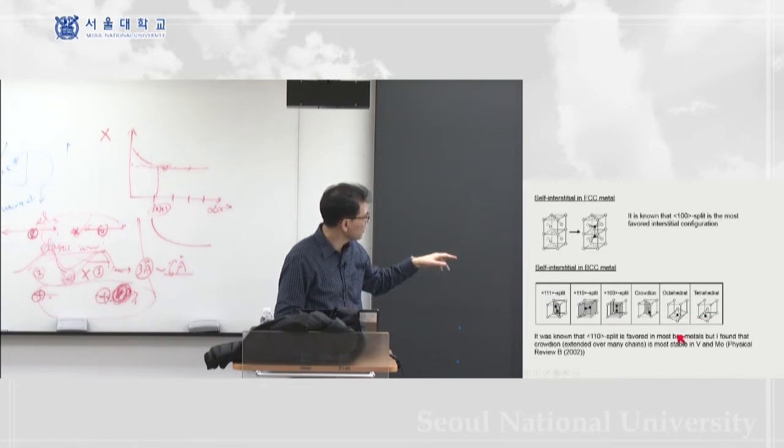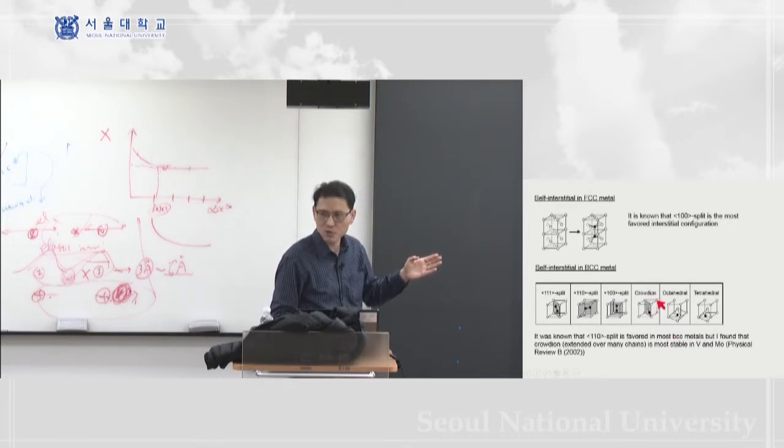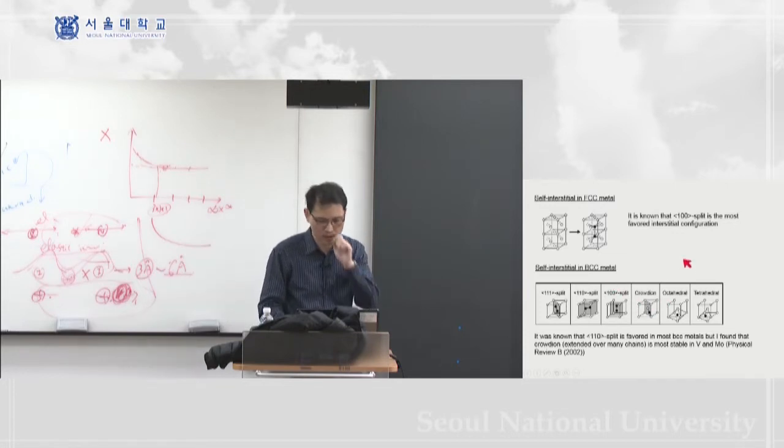One of my contributions in this field: traditionally it was known that in vanadium and molybdenum the 110 split was most favored, but from quantum modeling more than 10 years ago, I found that it is the crowd ion, a crowded configuration. This direction is the most crowded site, but somehow it is surprisingly the most stable in BCC metals. I guess that is one of my contributions in this field.